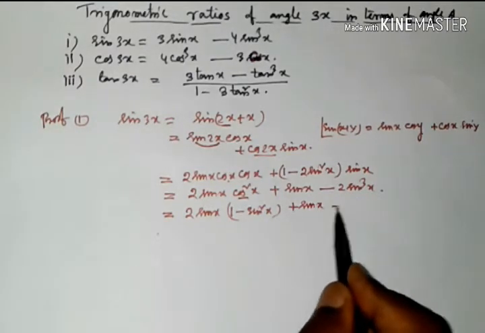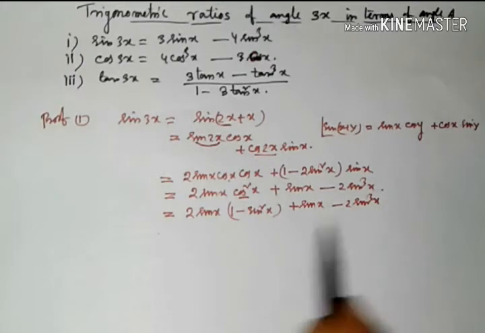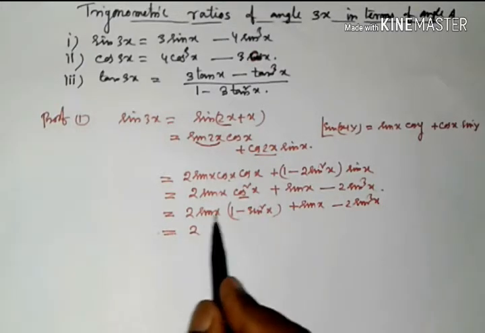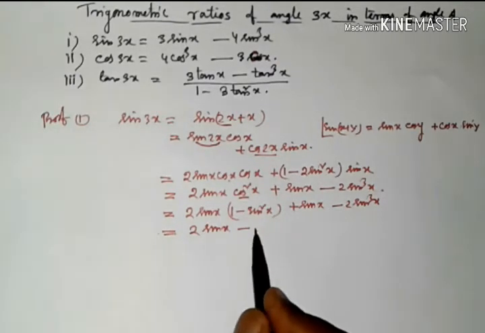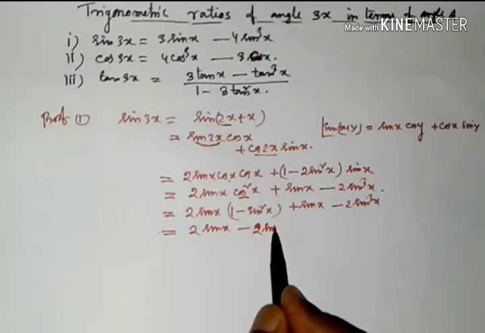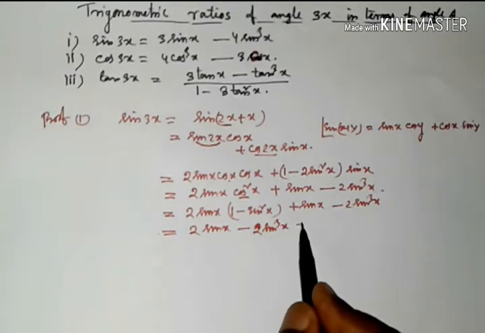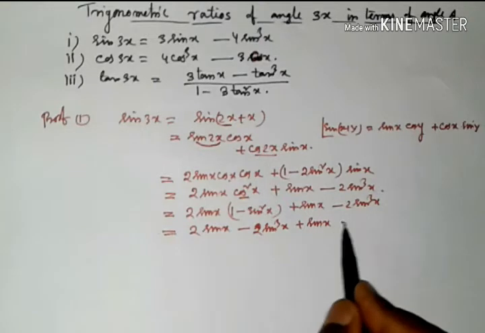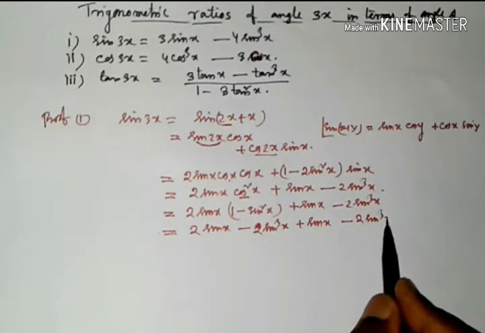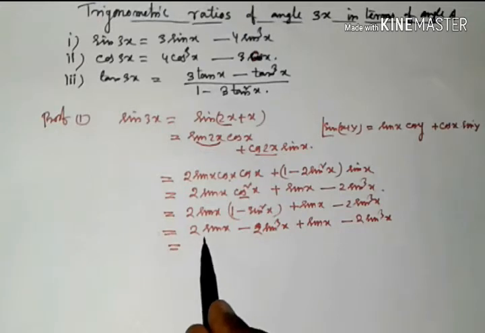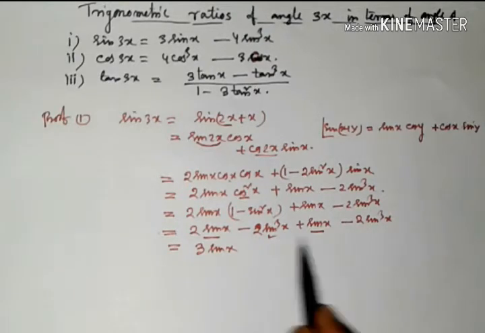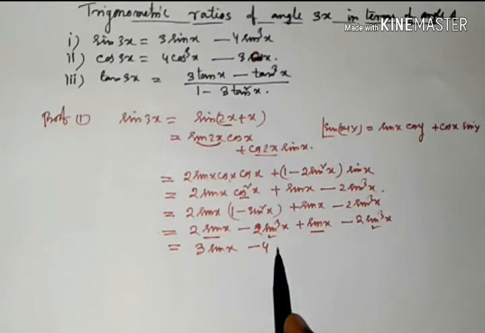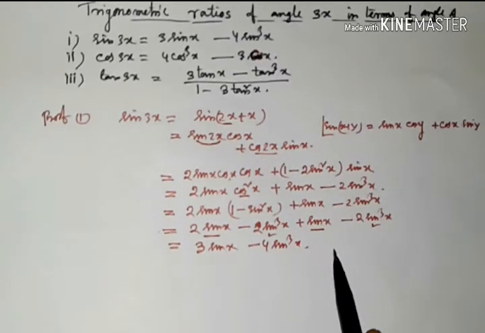So 2 sin x into (1 minus sin square x) plus sin x minus 2 sin cube x, that is 2 sin x minus 2 sin cube x plus sin x minus 2 sin cube x. Now 2 sin x plus sin x is 3 sin x, and 2 sin cube x plus 2 sin cube x is 4 sin cube x.